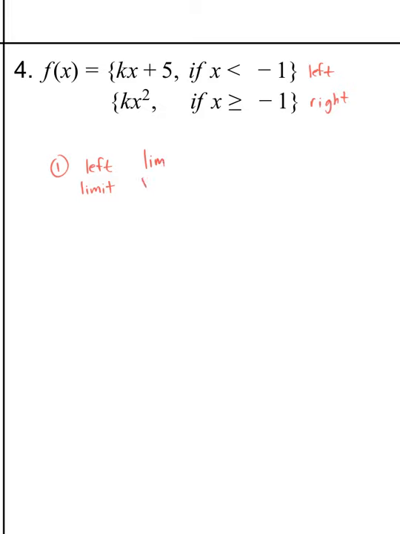The limit as x approaches negative 1 from the left, a little minus sign. My left function is kx plus 5. I put negative 1 in for x. So I have k times negative 1 plus 5. When I simplify that, that gives me negative k plus 5, left limit.